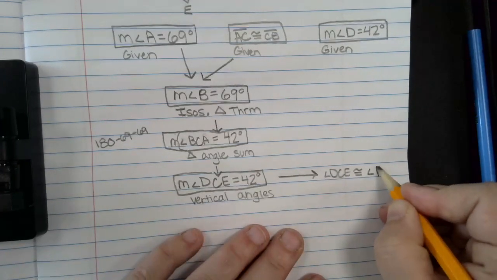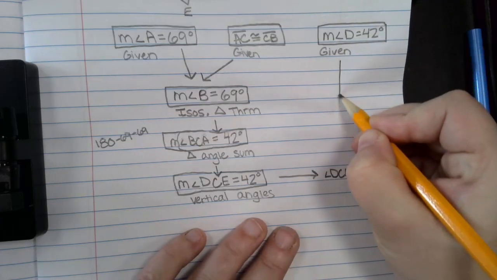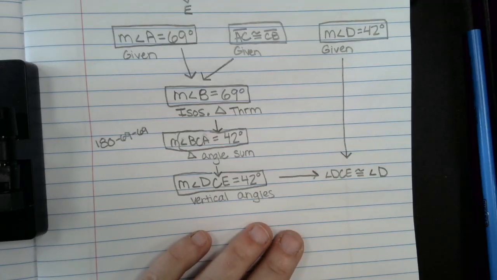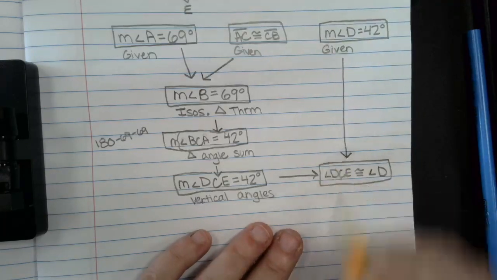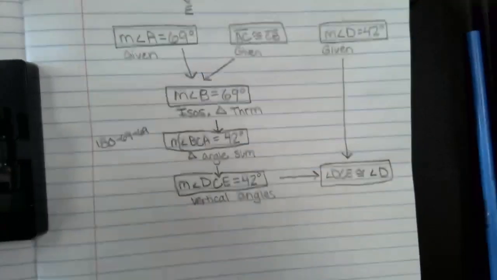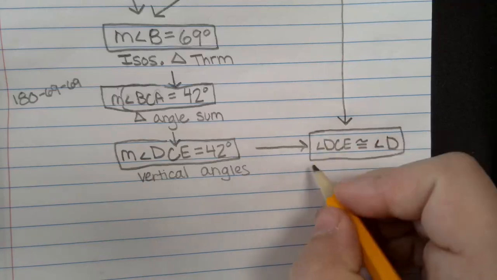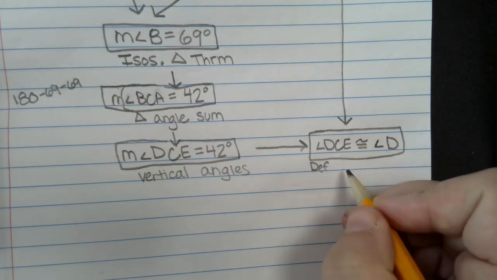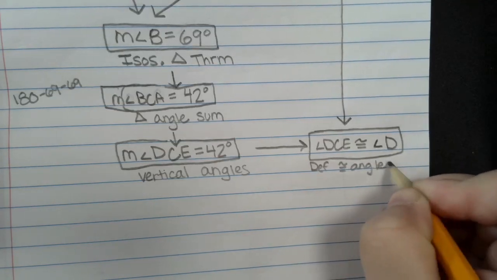Yeah, just angle D, because there's only one angle there, so we can just take angle D. And we got that way back from our given. Finally using that little fact there. And how did we know that they were congruent? Yeah, they're the same. That's our definition of congruent angles. Ooh, this one took longer than I remembered. Sorry. All right, last step.